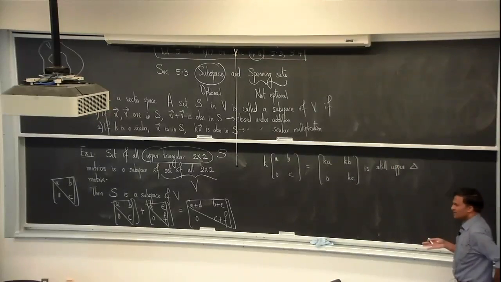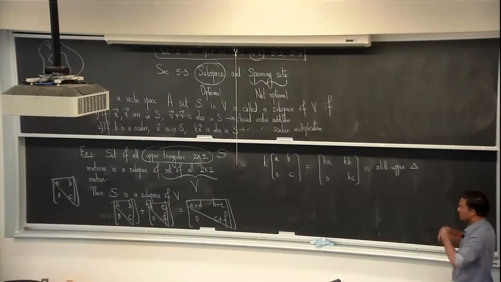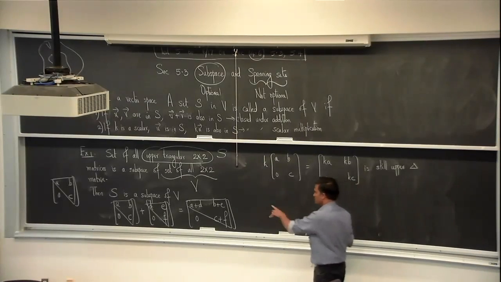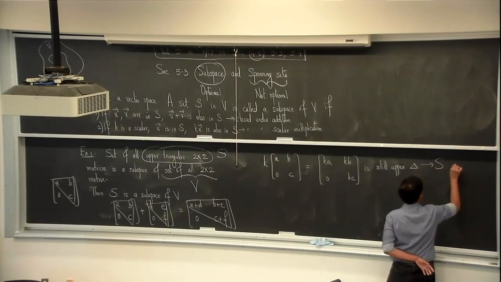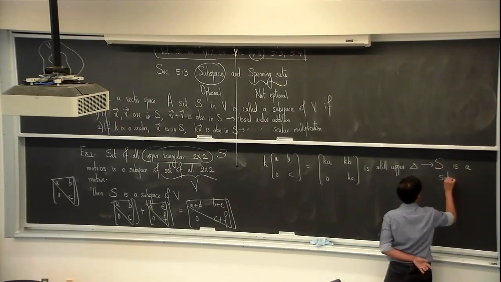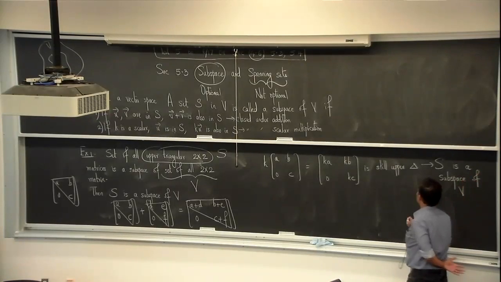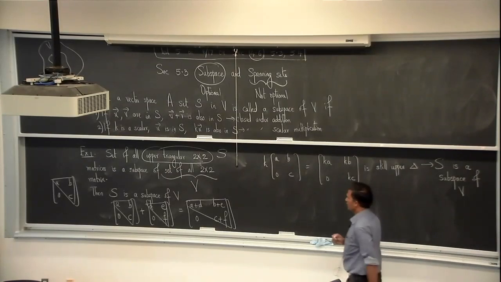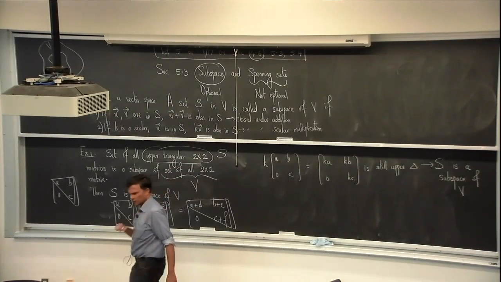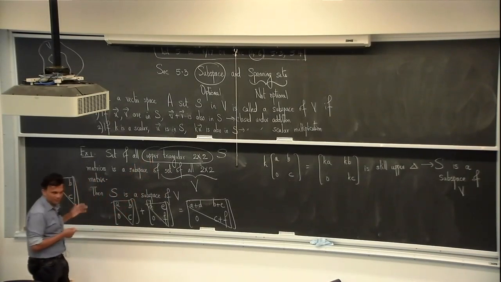That is what it means by saying that this special group of matrices, which are upper triangular matrices, is a subspace of the bigger family of matrices. So I think that is probably one of the homework questions, or I could be wrong. It could be a lower triangular matrix in the homework, but it's the same idea.